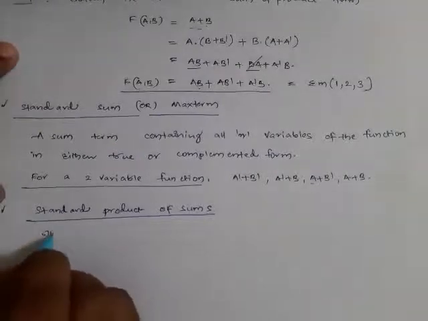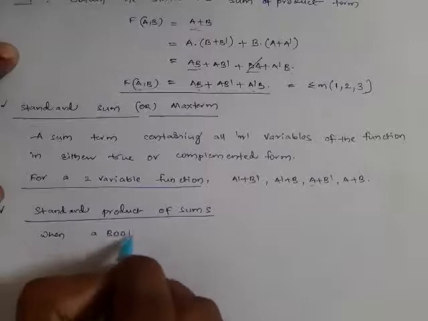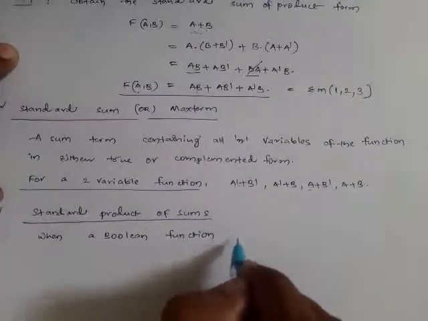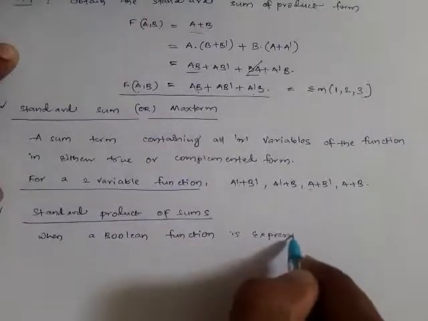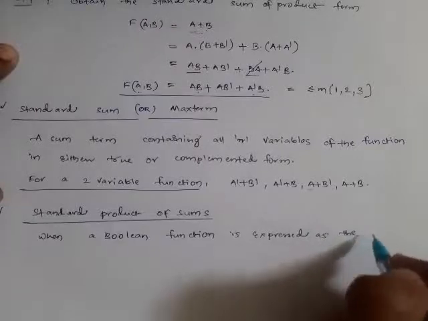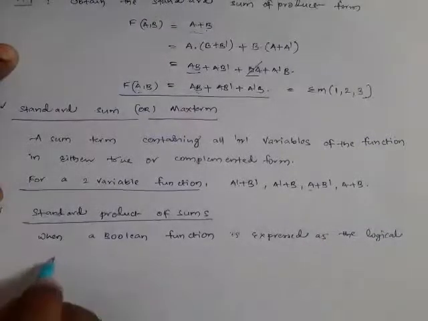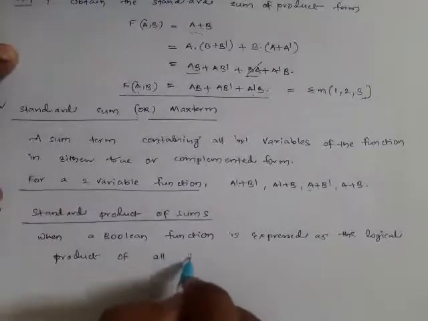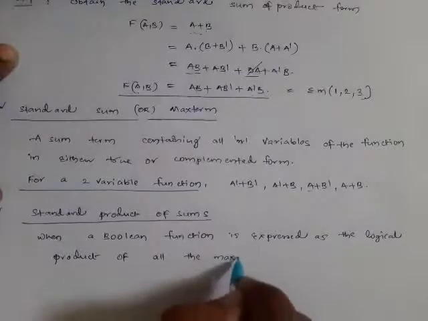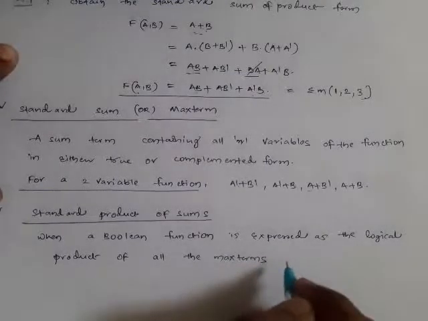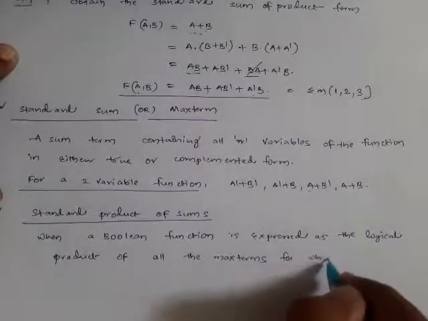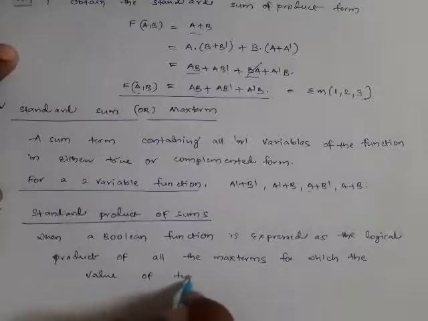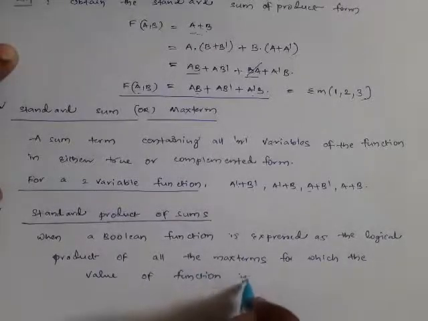When a boolean function is expressed as the logical product of all the max terms for which the value of the function is 0, that form of expressing the logical function is called standard product of sums form.